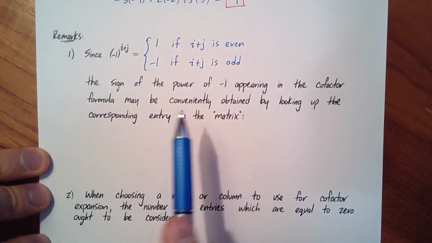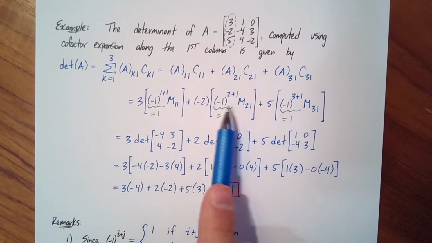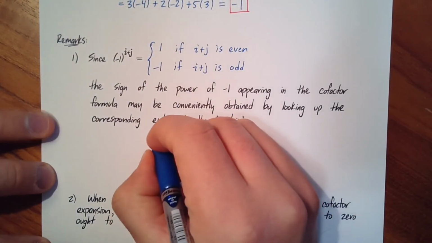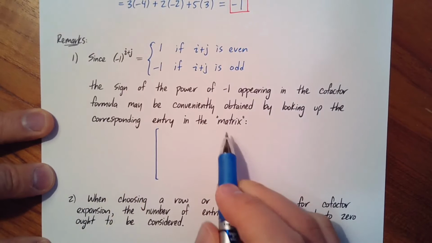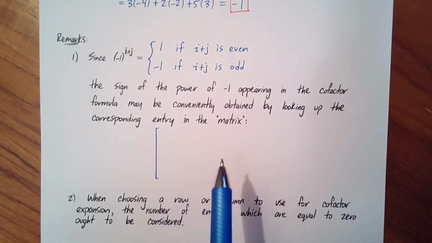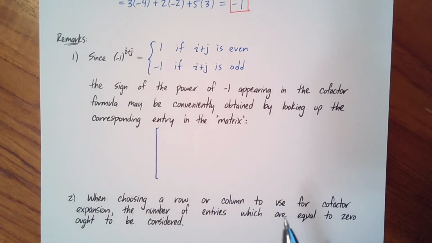So I like to say we can just streamline the computation of these little factors inside the cofactors by just looking at this. I put it in quotes because it's not really a matrix, because matrices have numbers as their entries. But I'm going to make up a kind of symbolic matrix.